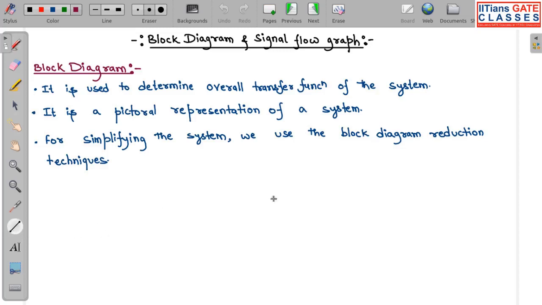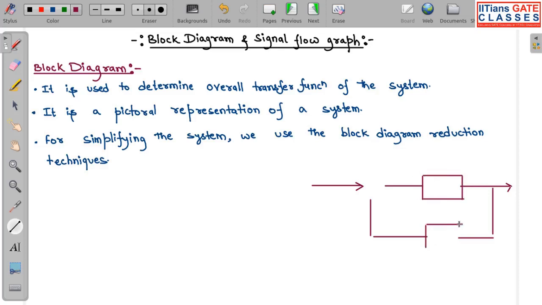Like a very simple system is a negative feedback system. Okay, so we define it something like this. So this is one of the simplest systems, a negative unity feedback system.